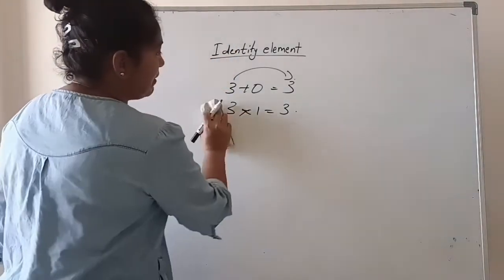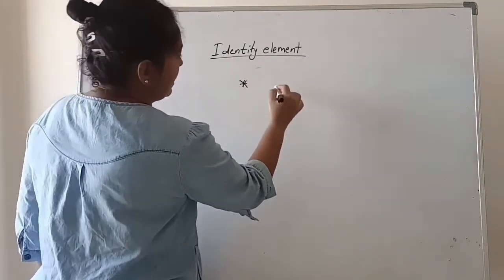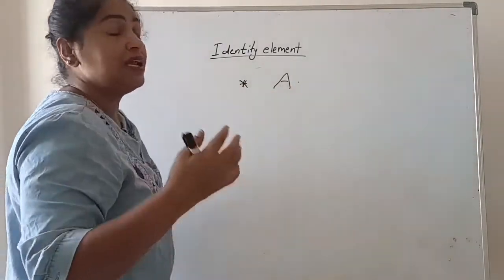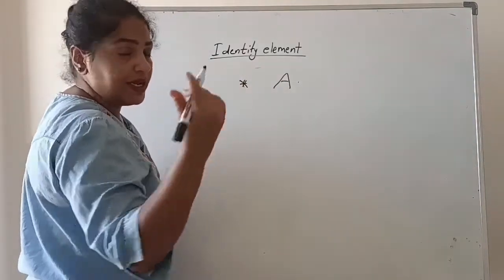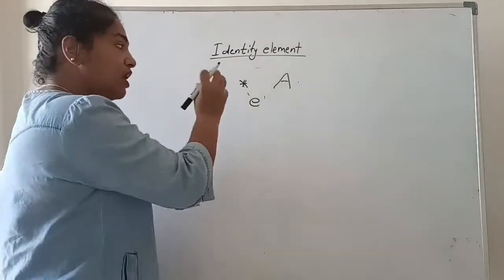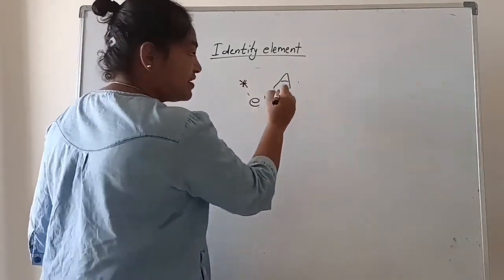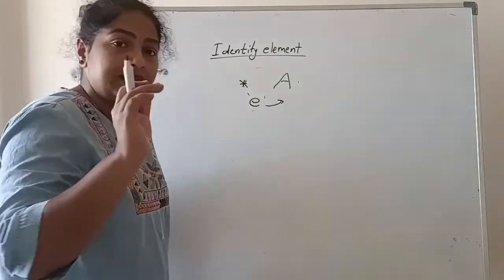So, suppose you have a binary operation defined on any element A, and let us say that you have an identity element. Normally, identity element is represented by small letter e. You have an identity element which is existing in the same set as A. So, what is the condition for e to be the identity element?